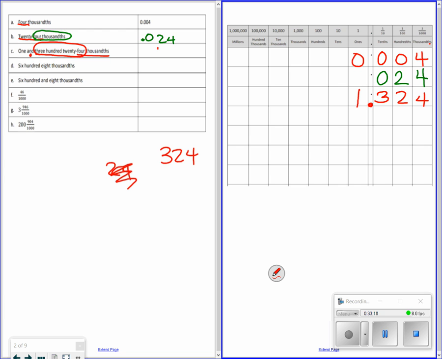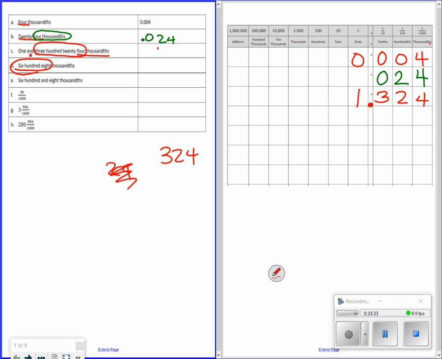Do you have questions? Okay. 608 thousandths. That is not the same as what's on E. Those are two totally different numbers. So you have to make 608 with 8 in the thousandths. It's going to have to look like that, with thousandths, T-H-S.